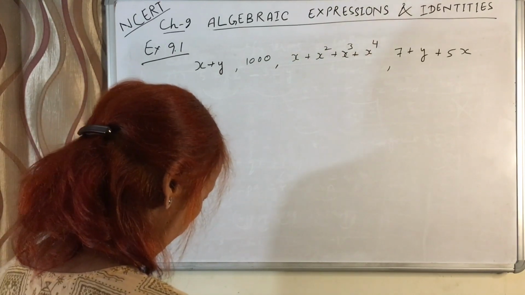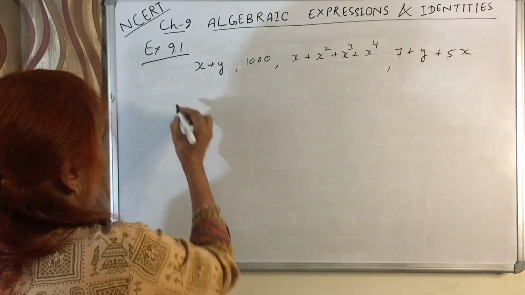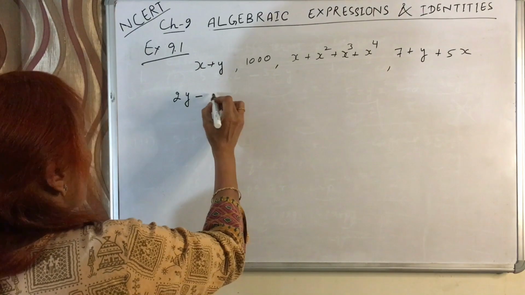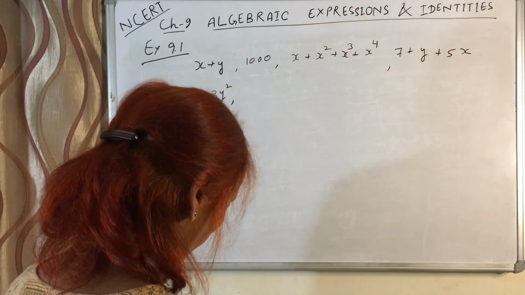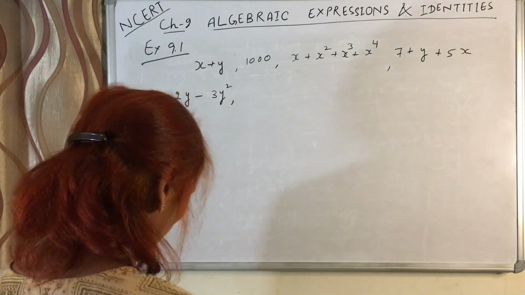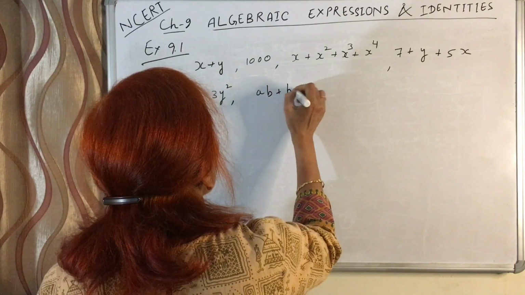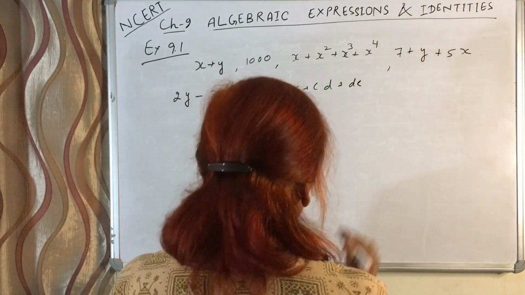One more I will write 2y minus 3y square. One more I will write as AB plus BC plus CD plus DE plus DA.